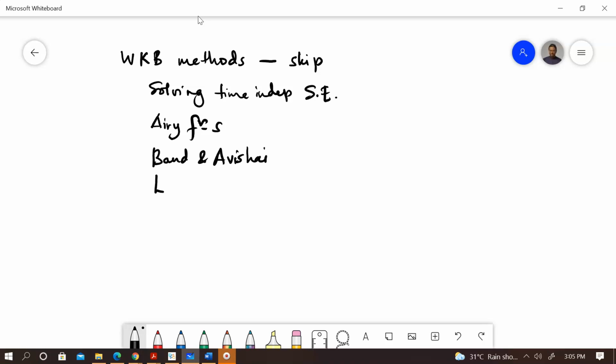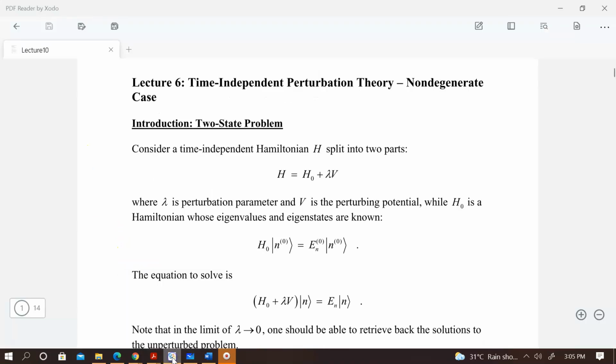You can look for other books like Liboff, which goes into a little bit more detail. Okay, but I think I will not go into this, so I will jump straight into perturbation theory. Hopefully we'll buy some time for other topics later on.